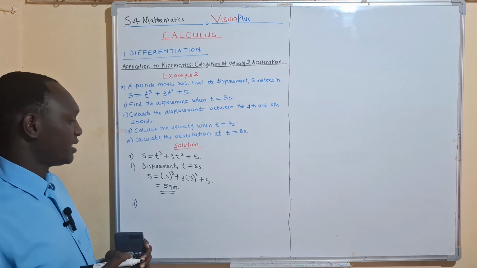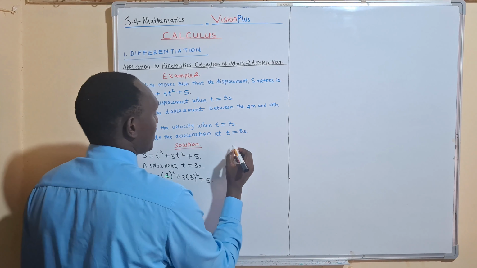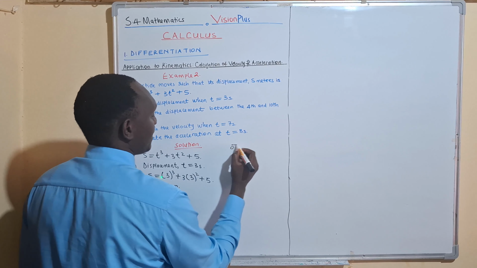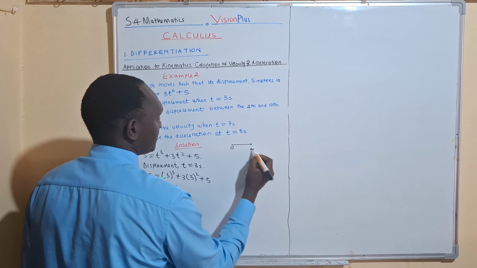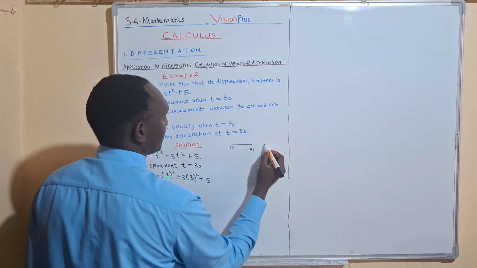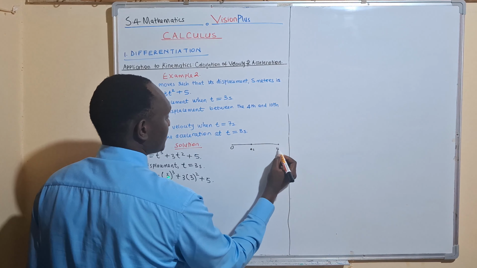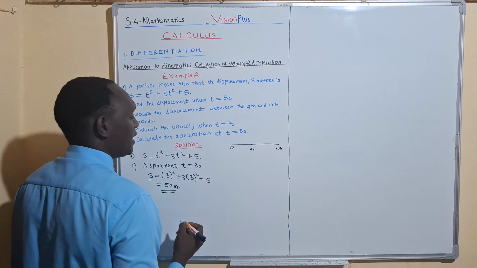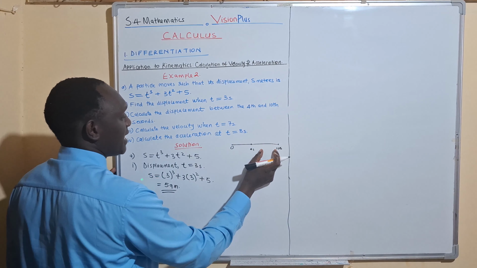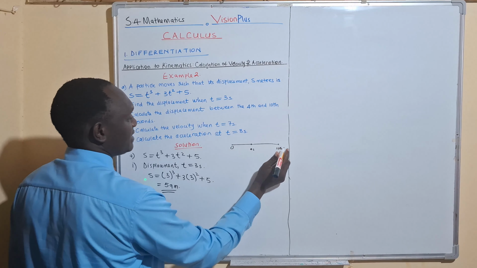In other words, the particle has moved from the beginning, this is our origin, up to some point at 4 seconds, and then it continues moving until we have here the 10 seconds. Now, what displacement has it had between the 4th second and the 10th second?